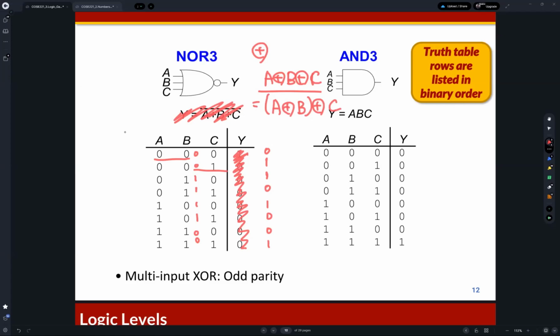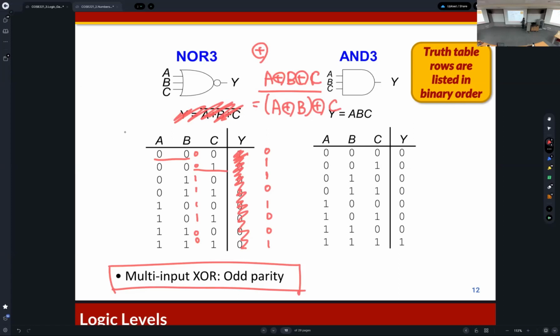But how about a 10-input exclusive OR? We can just apply the same method to the 10-input exclusive OR. But as you can see, the multi-input exclusive OR is just hard to do this way.